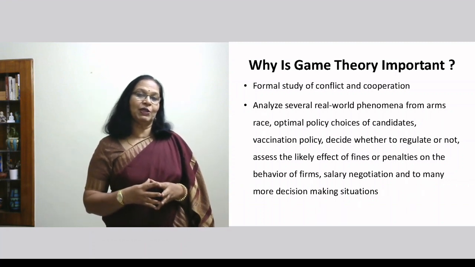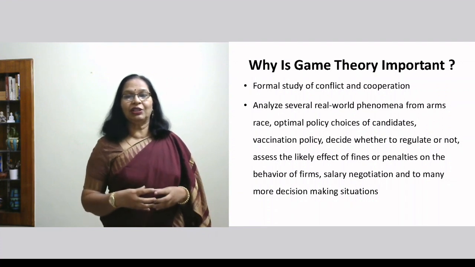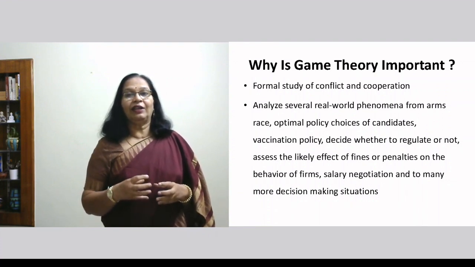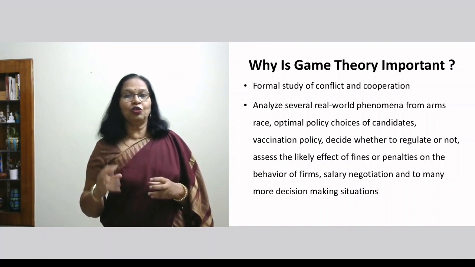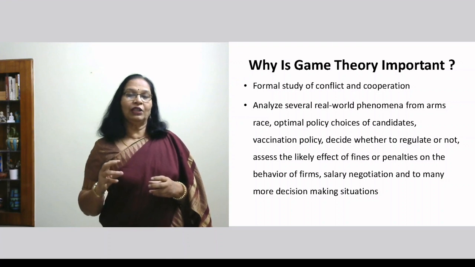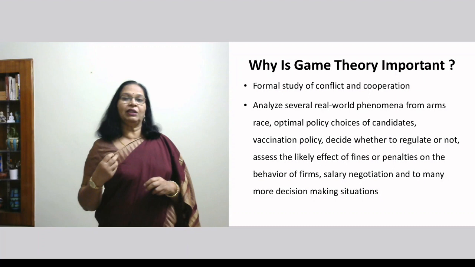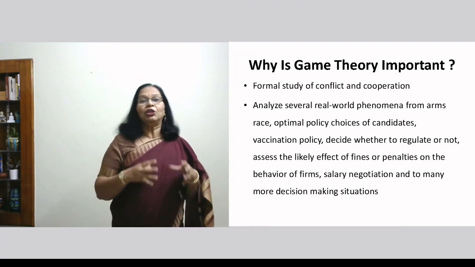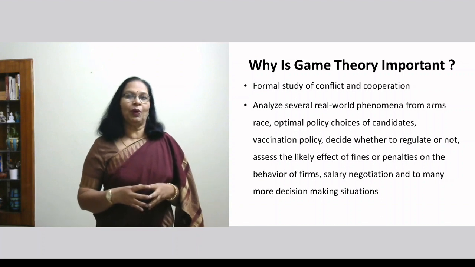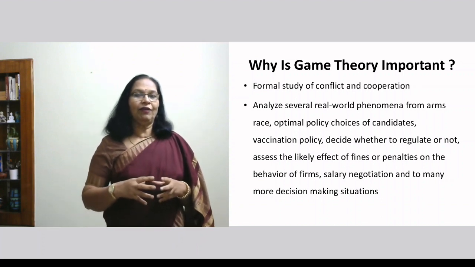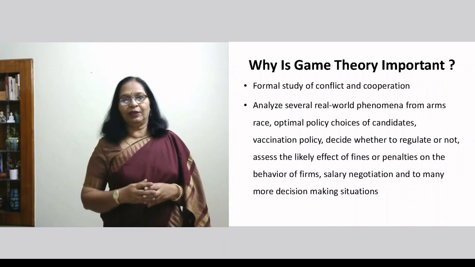You can use game theory to explain the vaccination policy, where the government takes a decision, and once a decision is taken, how are the consumers behaving, how are the private firms behaving, how is the opposition behaving, how are the nations of the world behaving in response to a decision taken by the government. So these decisions, once taken, can have a variety of responses from the various stakeholders.